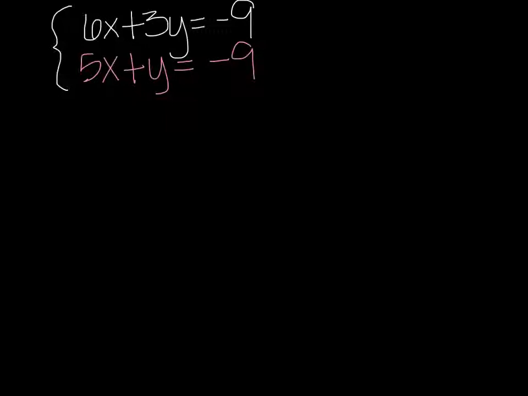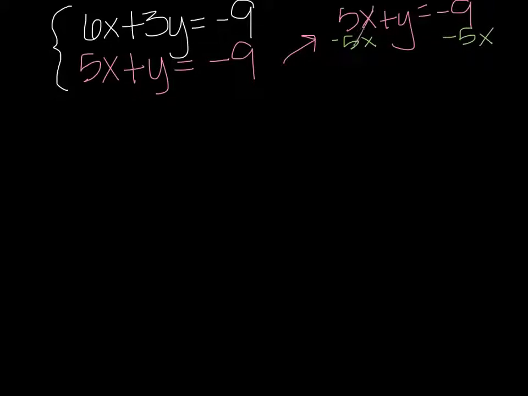So let's go ahead and look at that. We have 5x plus y equals negative 9. And if I subtract 5x from both sides, I have y equals negative 5x minus 9. And now I'm ready to take what y equals and plug it in for y in the other equation.